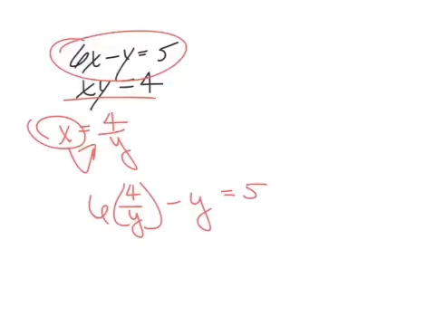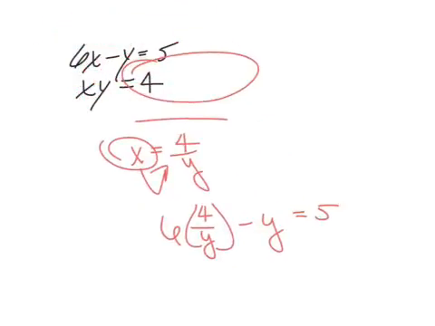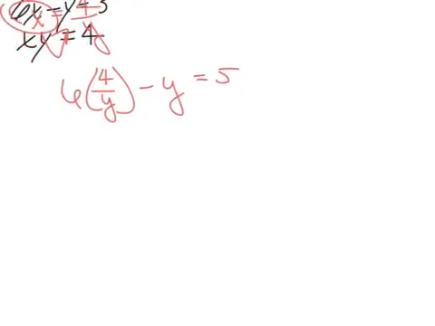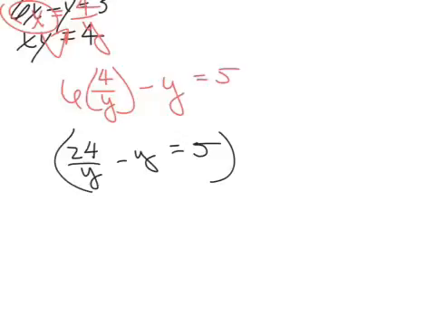Okay, and at this point I have one variable. So let's go ahead and multiply this through. Now if I'm going to continue to solve this, how about we multiply this entire thing by the common denominator, which would be y?